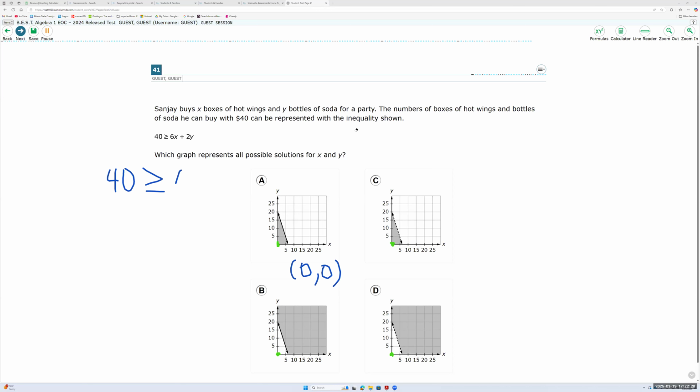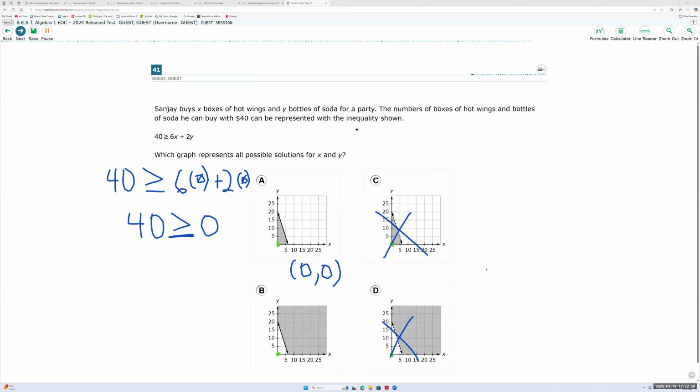So 6 times 0 plus 2 times 0. 6 times 0 is 0 plus 2 times 0 is 0. So this is your 0. And 40 is greater than 0 because I have this equal sign. It's a solid line, so I can get rid of the dotted lines.